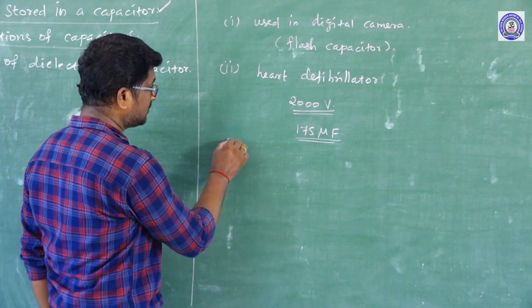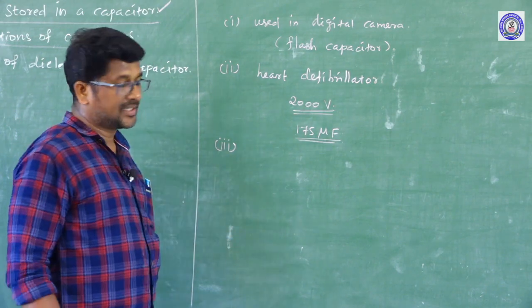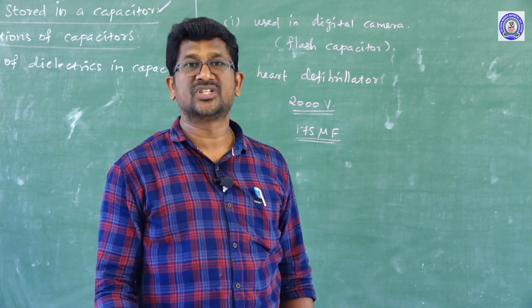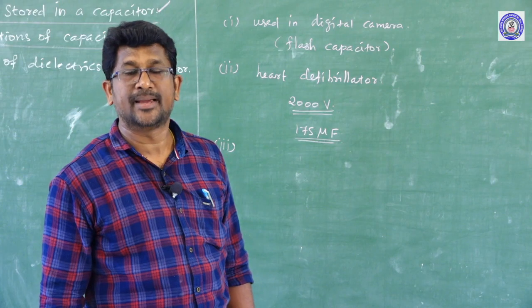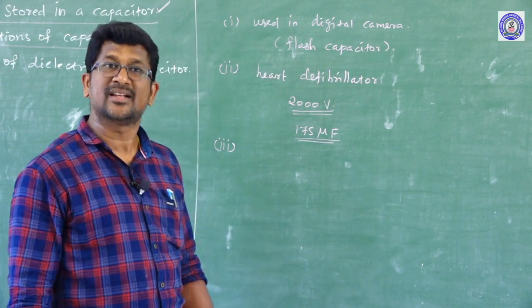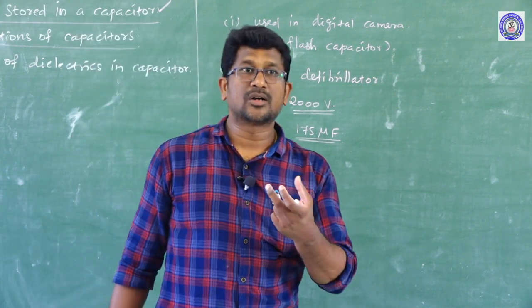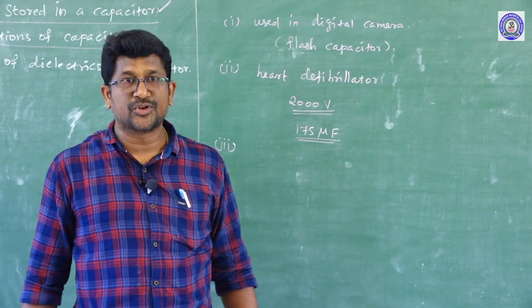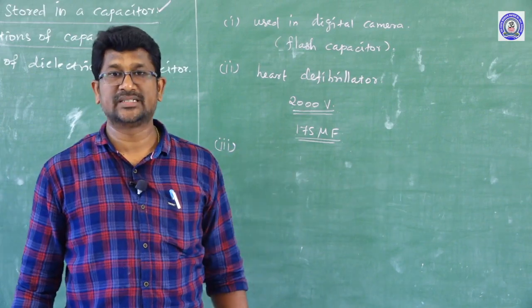And third, the capacitor is used in the ignition system of an automobile engine for the purpose of eliminating sparking. Whenever the automobile engine is started, a large amount of spark is produced inside the engine.